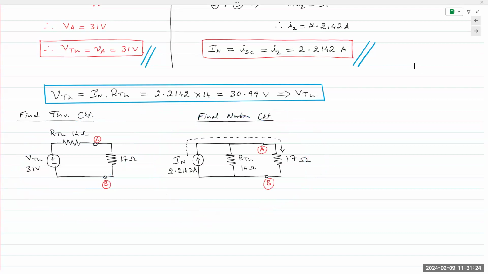The only difference would be that the Thevenin voltage, the Norton current, and the Thevenin resistance would be different. But the circuit diagram for the final Thevenin and final Norton will always be the same. And once you practice this and do the homework and do the quizzes, it should be very easy after that point.